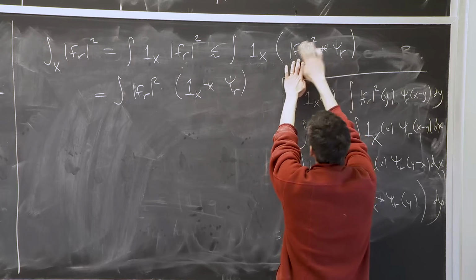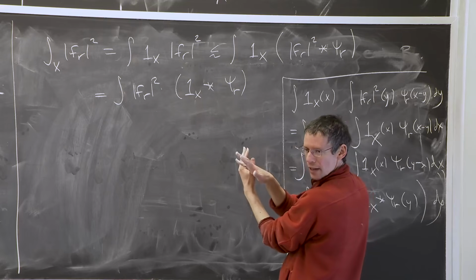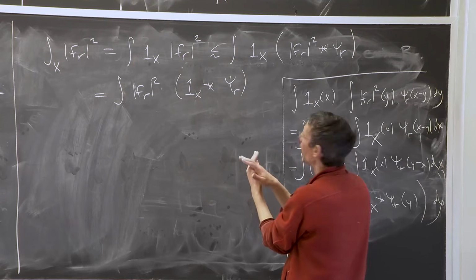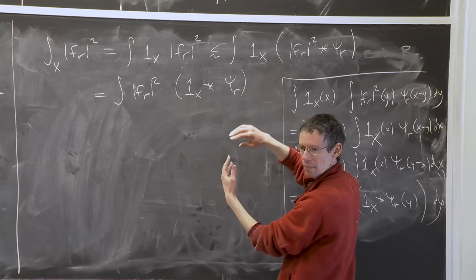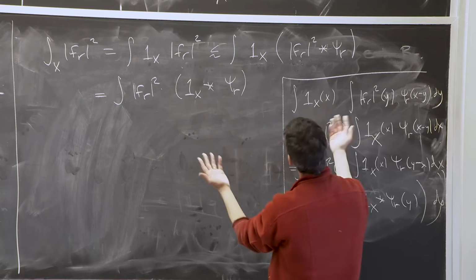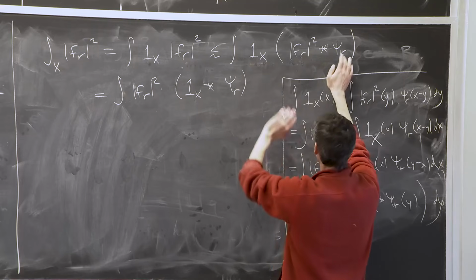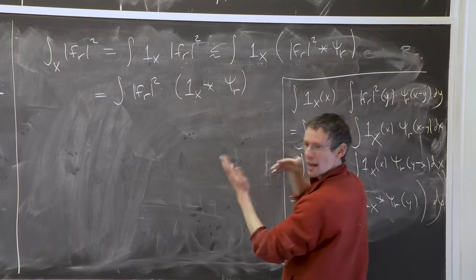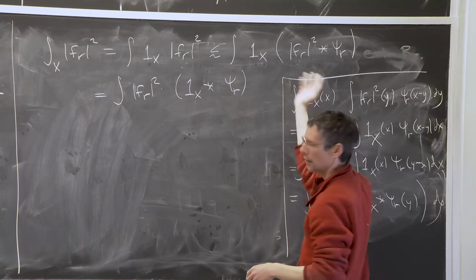I call this set y. I take y, fatten it out by r, and intersect it with x. That's kind of the same thing as taking x, fattening it out by r and intersecting it with y. Because I could describe both of them like this: I'm looking for pairs of points, one in x and one in y, and the distance between them is at most r. If I say it that way, it's symmetric. And that's what's going on here.